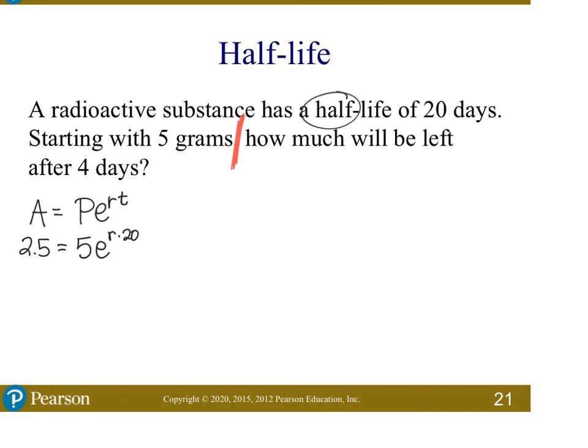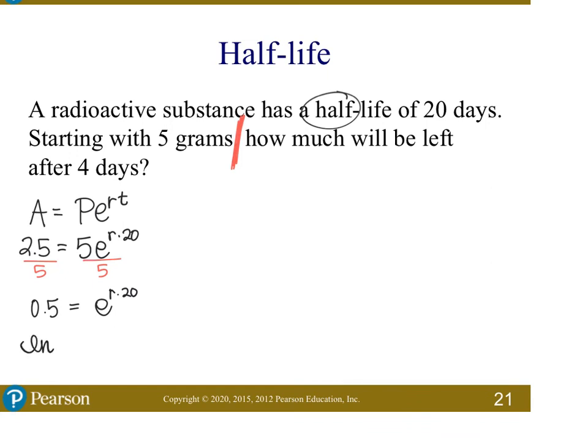So to solve this, we're going to divide both sides by 5. That gives me 0.5, and it gives me e to the r times 20. Now I need to solve for r. The only way I can do that is to use a natural log on both sides.